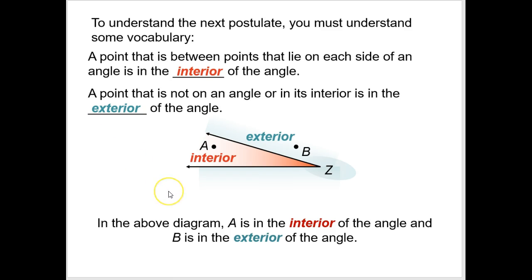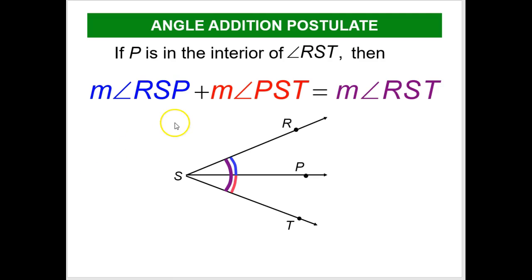Alright, also important to know is that the interior is the inside of the two rays, of the two sides of the angle, and the exterior is on the outside. So point A is on the interior of the angle, and point B is on the exterior of the angle. So for this, it says if P is on the interior of angle RST, and point P is right in the middle. Well, it doesn't have to be right in the middle, but it's on the inside, the interior.